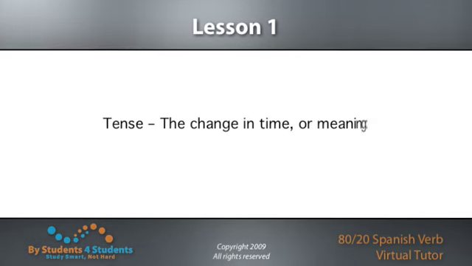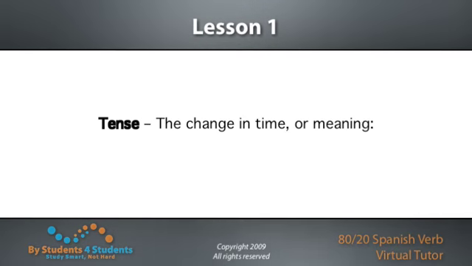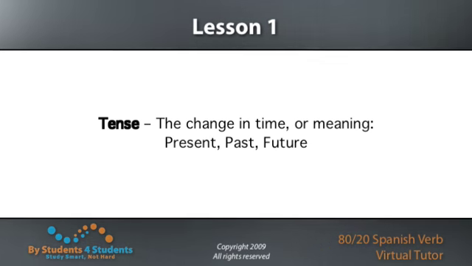When I say tense, I am referring to the time or meaning of the verb, such as present, past, or future. Just as in English, every single Spanish verb must correspond to a pronoun and tense if it is going to make any sense in the context of a sentence.